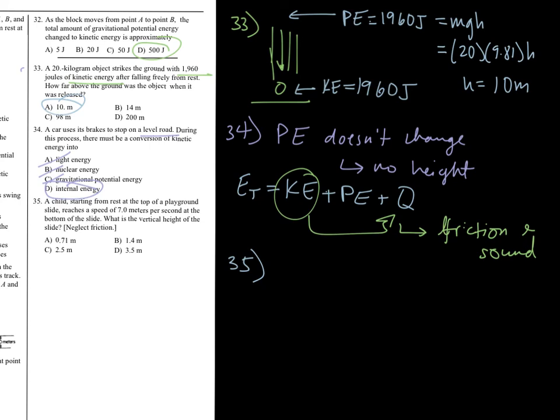Know that the potential energy at the top should always equal the kinetic energy at the bottom. You can use KEi + PEi = KEf + PEf, or you could just go about this shortcut here. Know that these two are equal to each other.